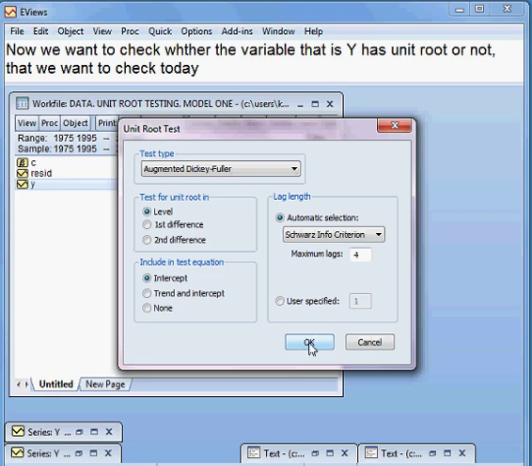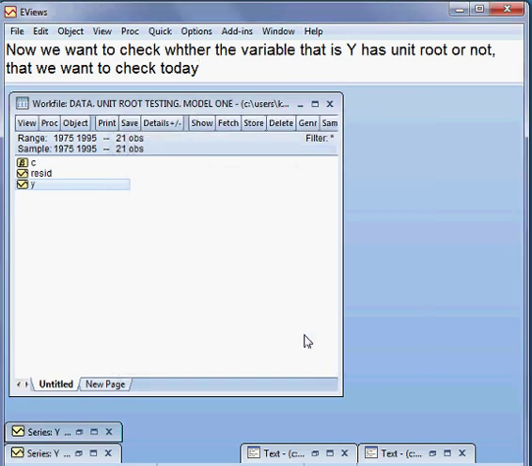Then I press OK. What happens after pressing OK?